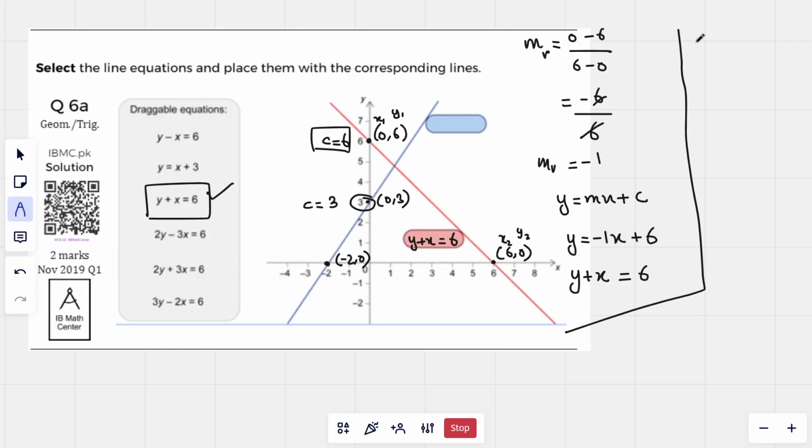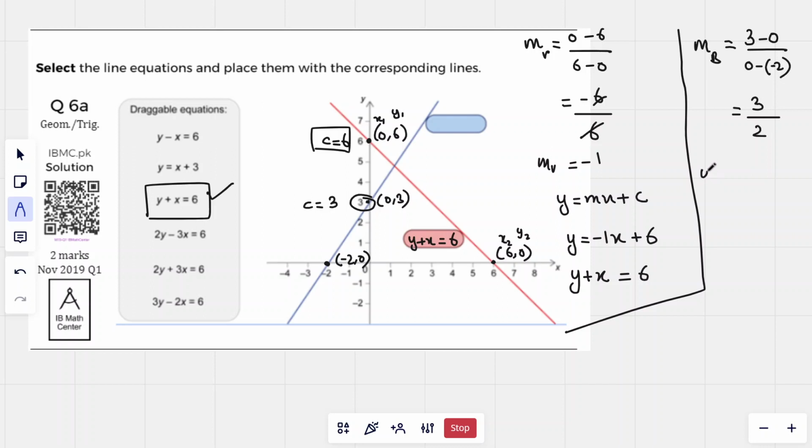Using the same logic, we find the gradient of the blue line. y2 minus y1 would give me 3 minus 0 over x2 minus x1. That'll be 0 minus negative 2. Solving this will give me 3 over, negative times negative, is 2. So the gradient is 3 over 2.